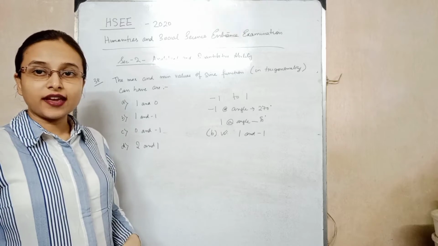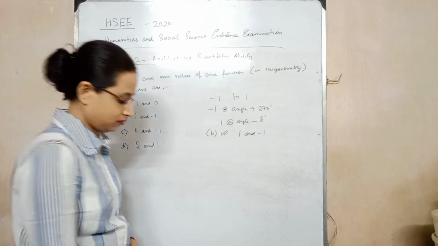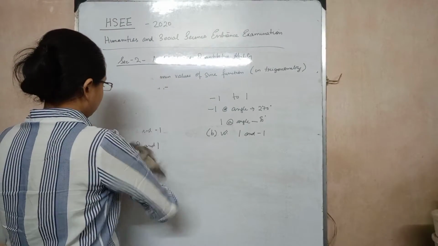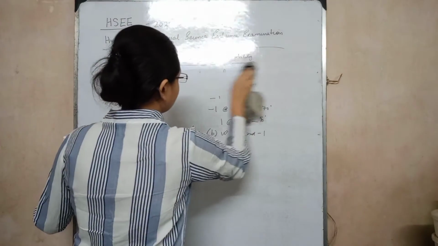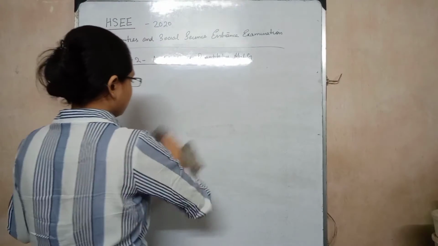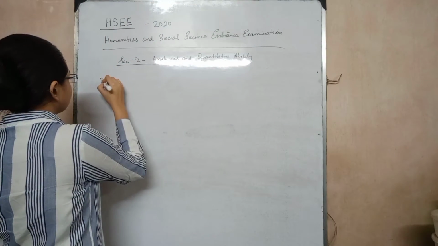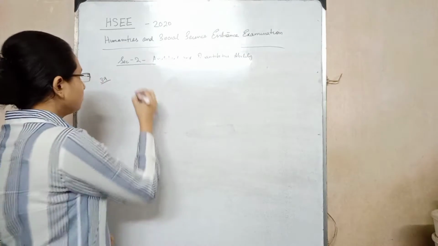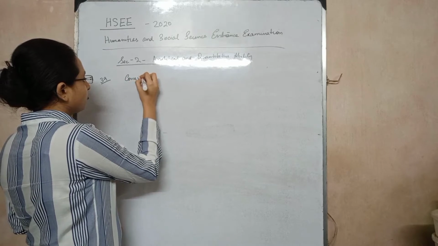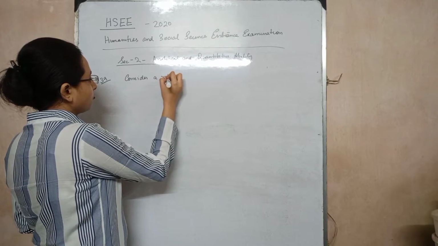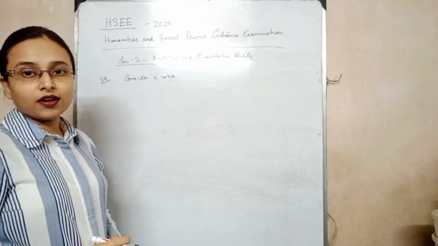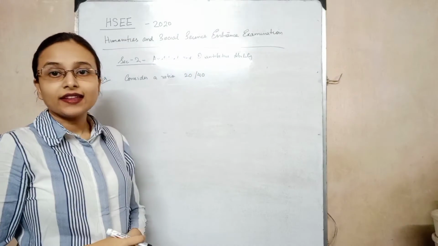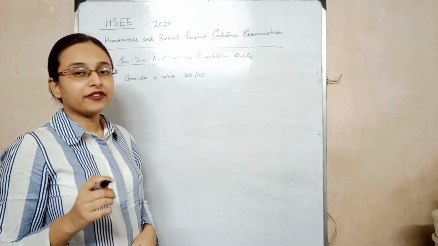Now proceeding on to the next question, question number 39. Consider a ratio 20/40 that changes to 22/50.